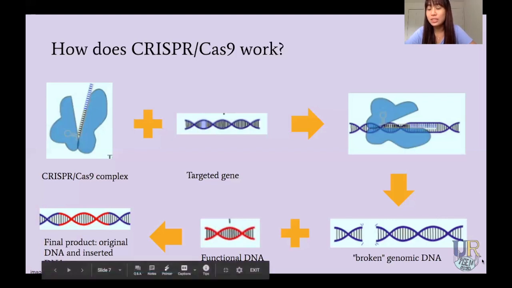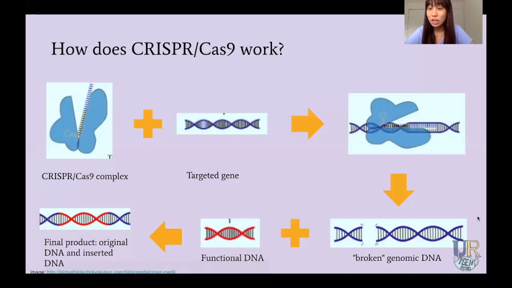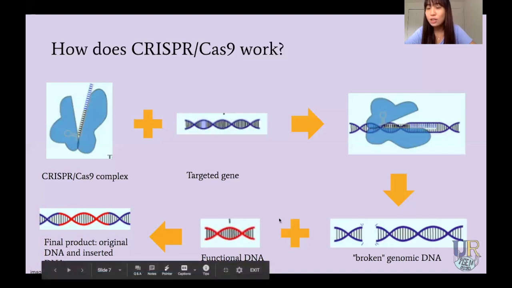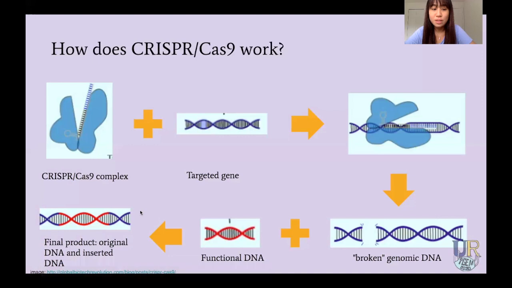This broken genomic DNA has a deletion of the target gene, and it can either be repaired by the cell's own repair mechanism to form a DNA that doesn't have the target gene, or the scientists can introduce another functional DNA into the broken genome and form this final product that has the original DNA as well as the insertion of a new functional DNA. In the next slide, I have a video that summarizes everything I've been talking about, but I just thought that having an animation might be helpful for understanding the concept.